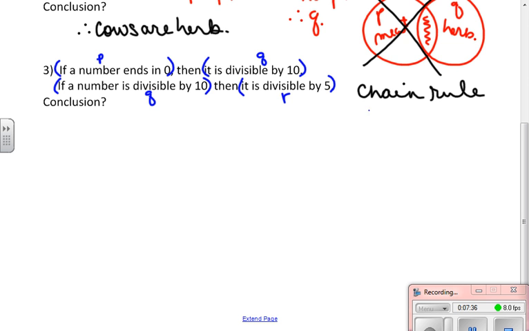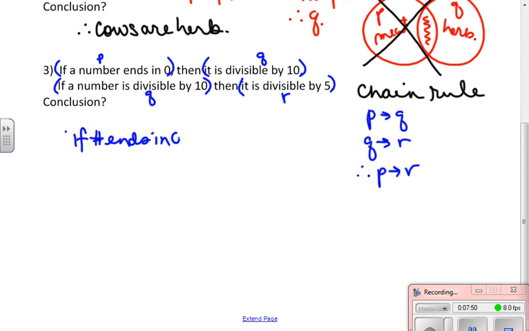There's my R. So I have P implies Q, Q implies R. Therefore, by the chain rule, P implies R. So my implication is if a number ends in 0, then it is divisible by 5.